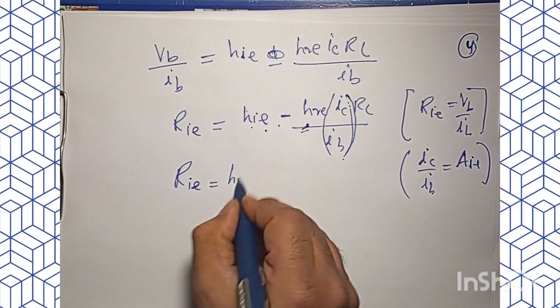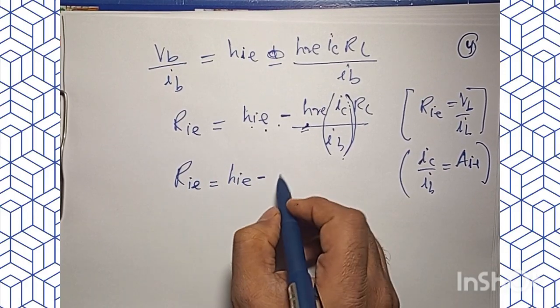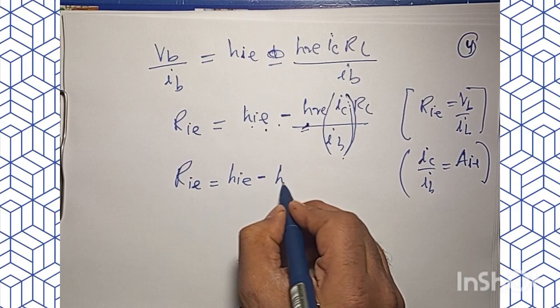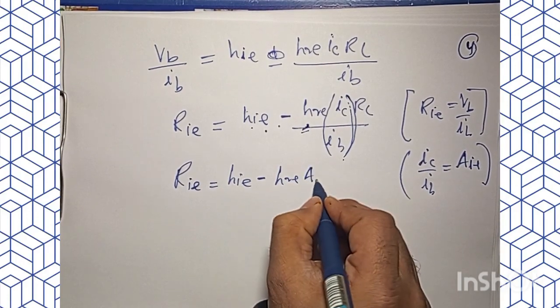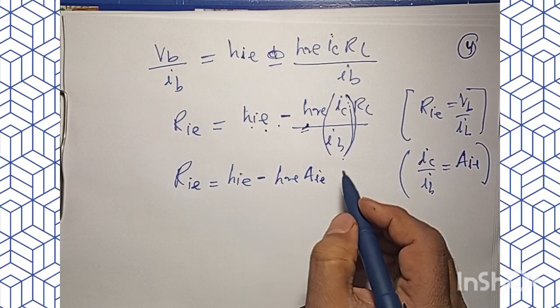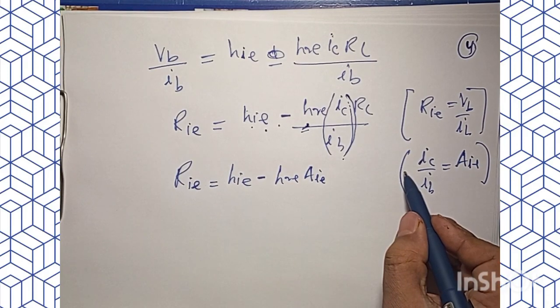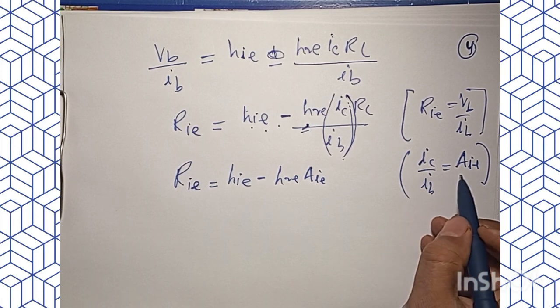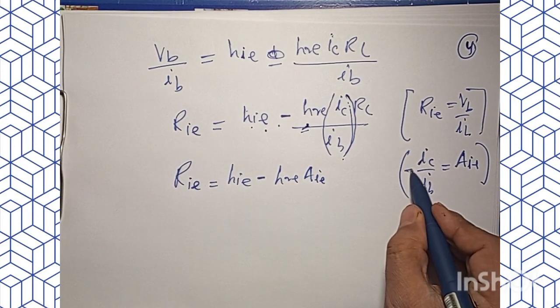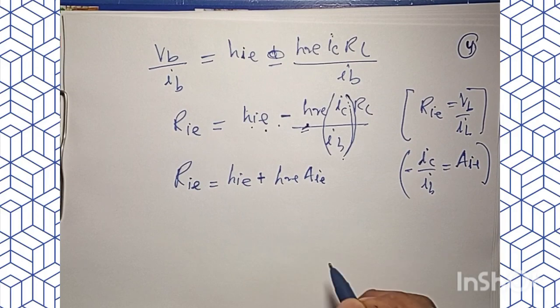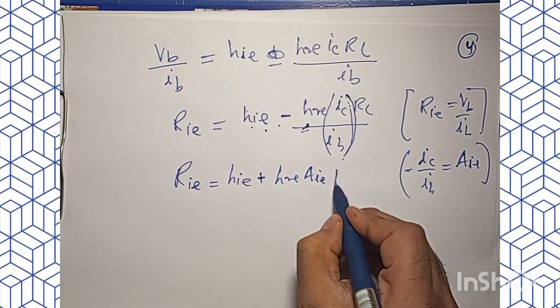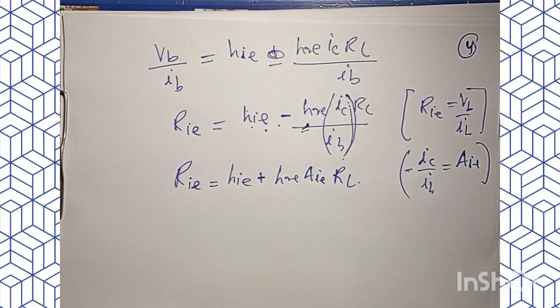RIE is HIE minus HRE AIE, and then if we rightly go to the conventions, it was negative here. So if it was negative here, so here we are going to get it positive. So RL, right?